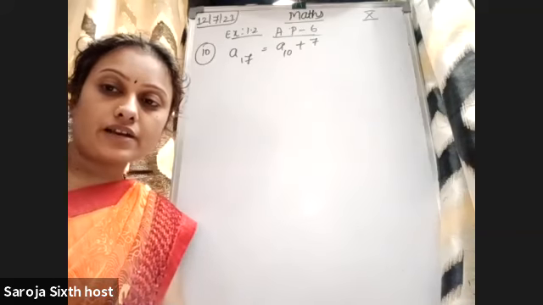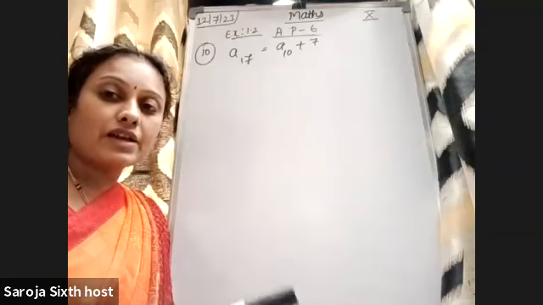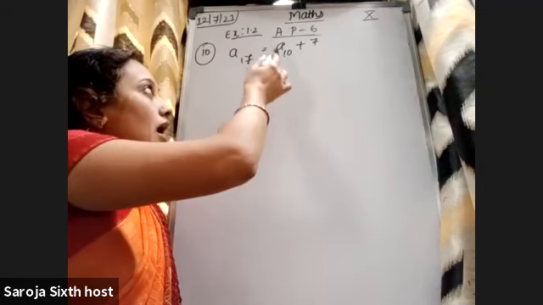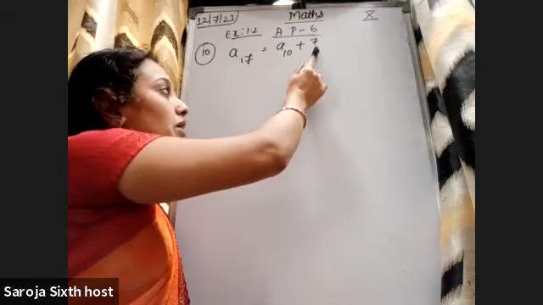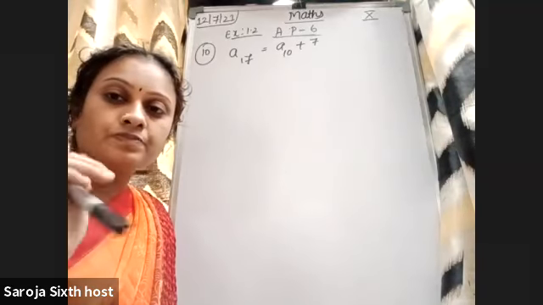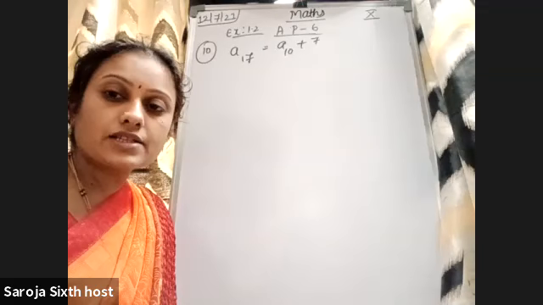The 17th term exceeds its 10th term by 7, means when you add 7 to the 10th term, you get the 17th term. Understood? Anybody having doubt in this? No, ma'am.